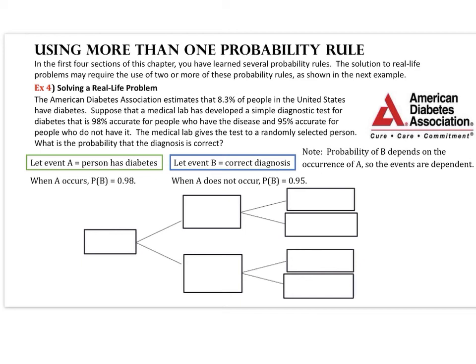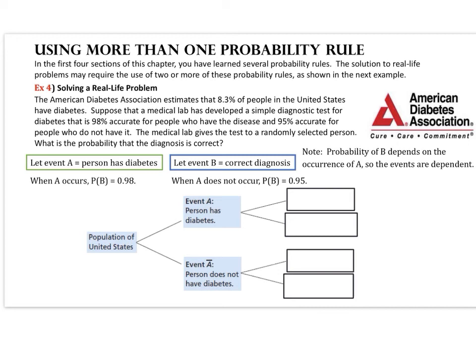So let's start at the beginning of our tree. We know we're dealing with a population of the United States. Well, the probability of event A occurring is the person who has diabetes, and the complement of A would be a person that does not have diabetes. So either the person has diabetes or the person does not.